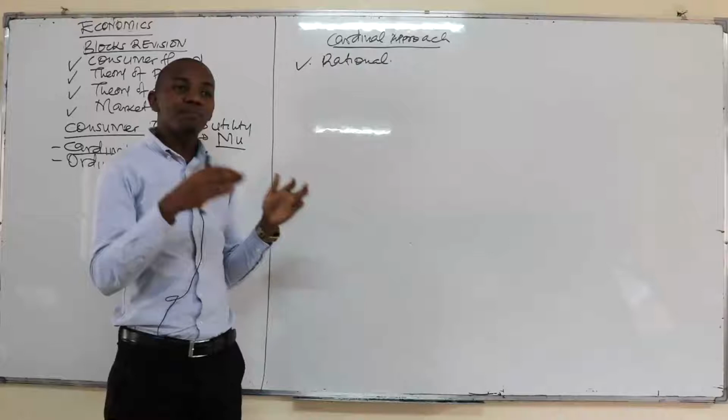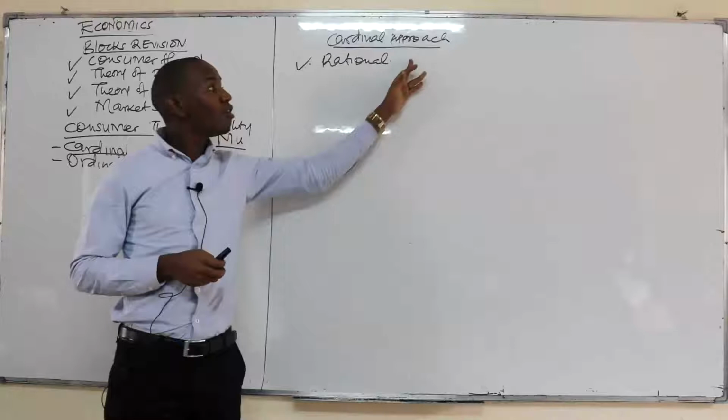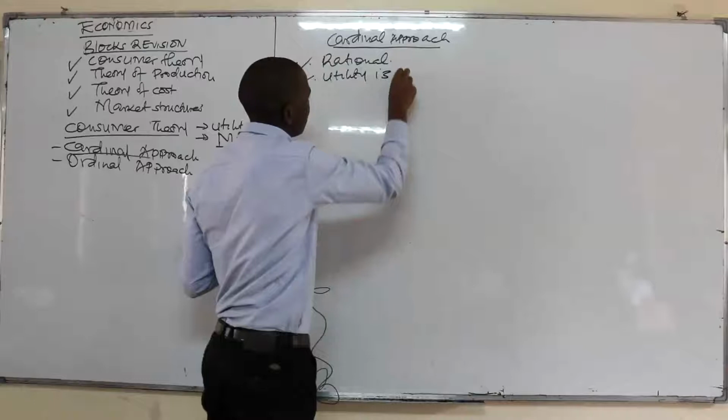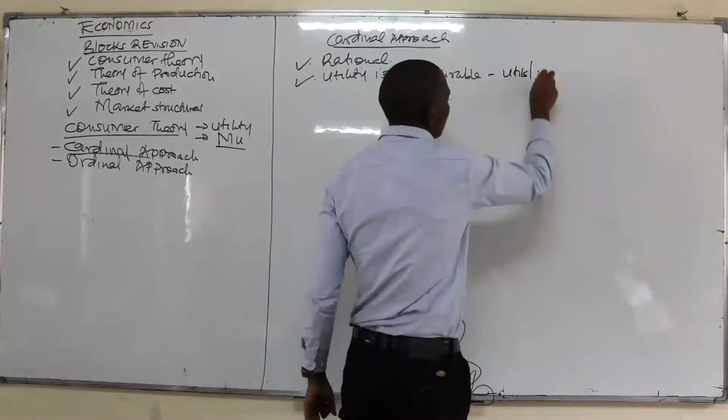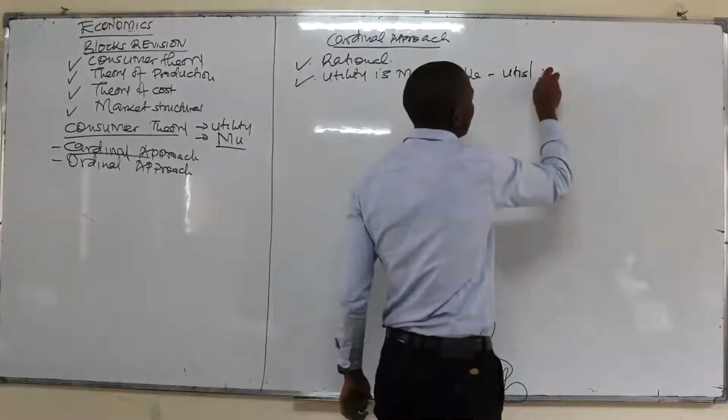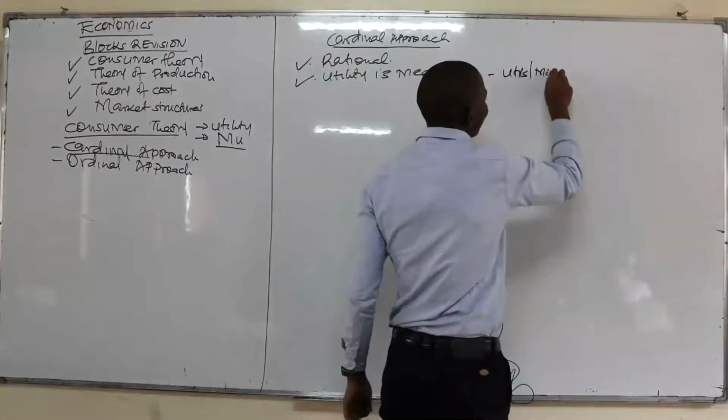The second assumption is that utility is measurable. The satisfaction from the consumption of a particular good is measurable in either utils or monetary units.